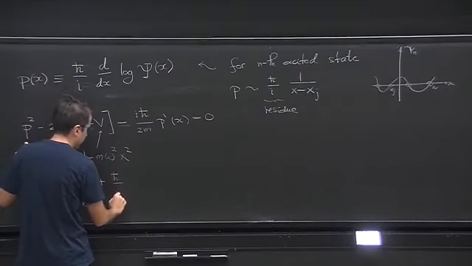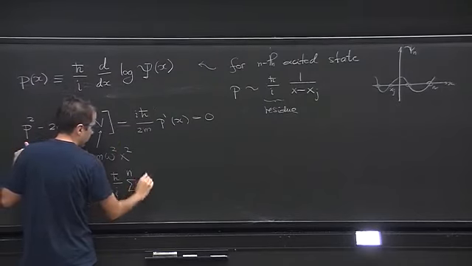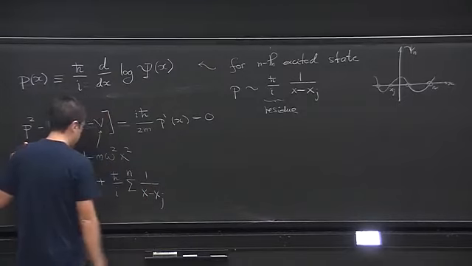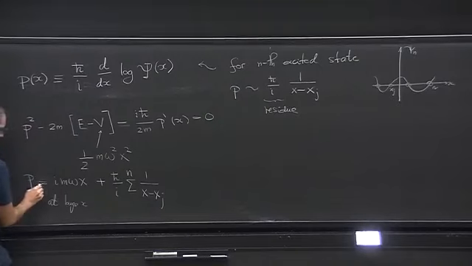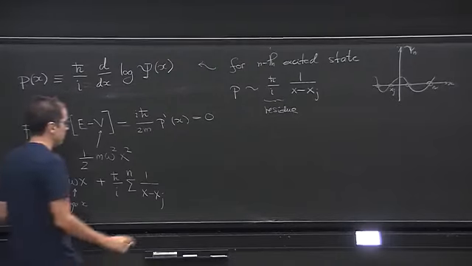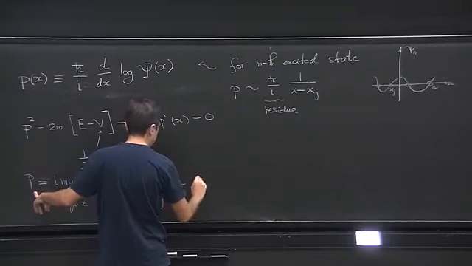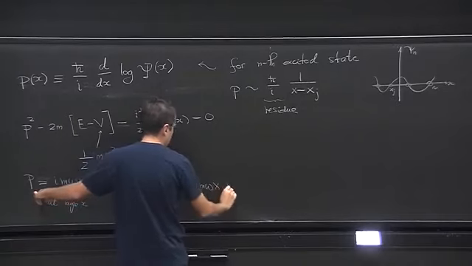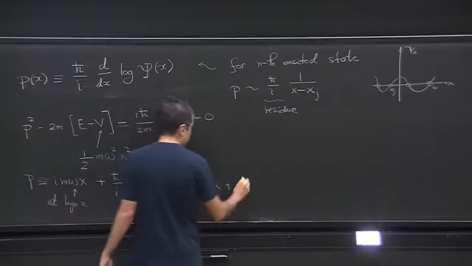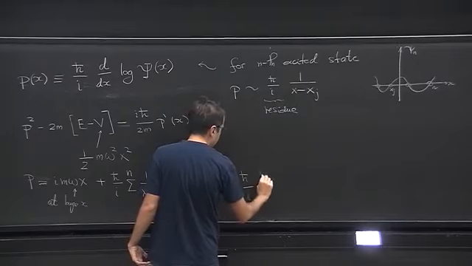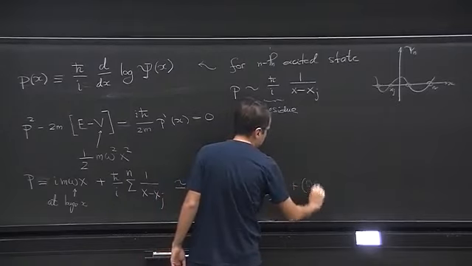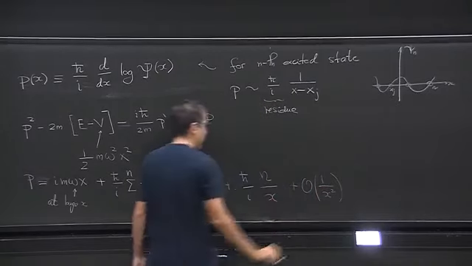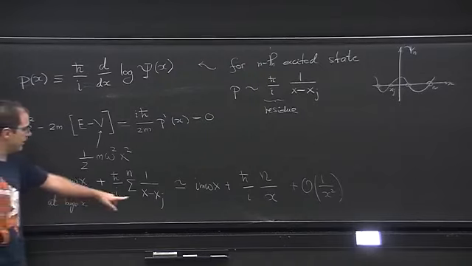So let's try to write a function which has those poles: sum over j of 1 over x minus x_j. And we were saying that at large x this is a good guess for P, because this behaves as i m omega x plus, each of these terms is roughly 1 over x, so plus h bar over i, there are n terms, over x, plus order 1 over x squared, that we could compute, no problem, it's just expanding this term here.